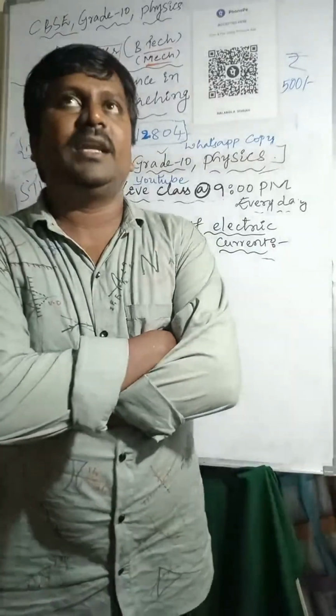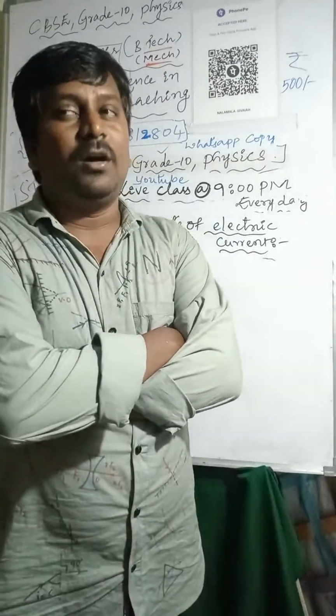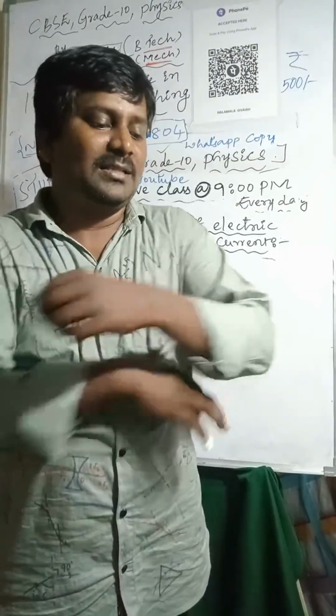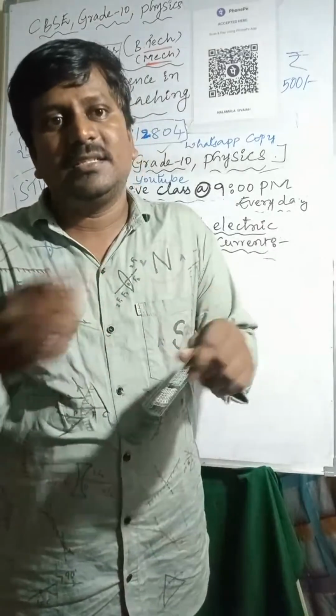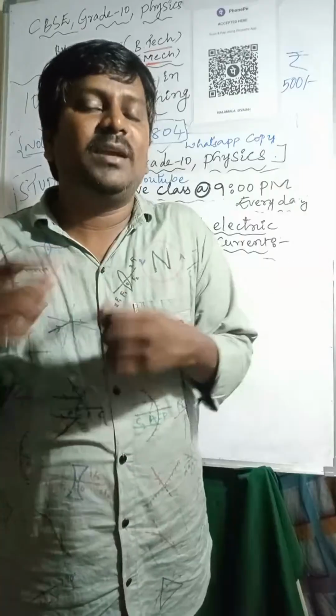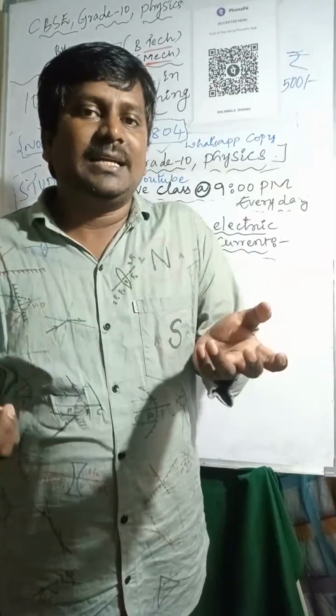And coming to the next one, we'll go for the magnetic field of a bar magnet and the magnetic field of a solenoid. A solenoid is nothing but a straight wire bent in the form of a cylindrical shape, connected to a battery. So it acts as a magnet.